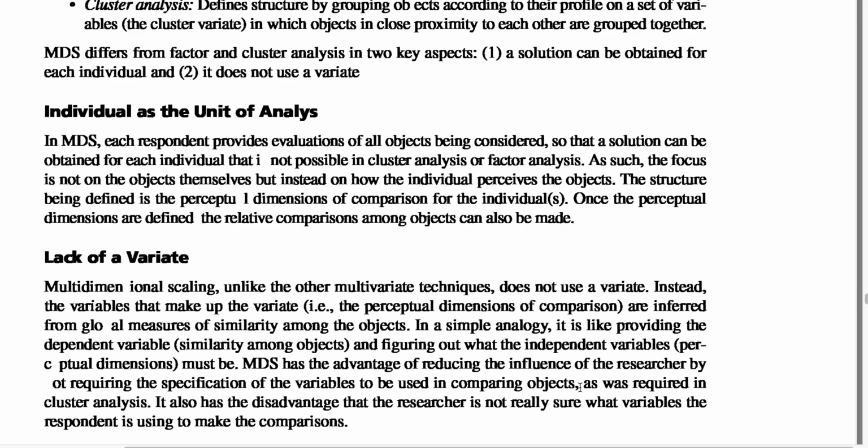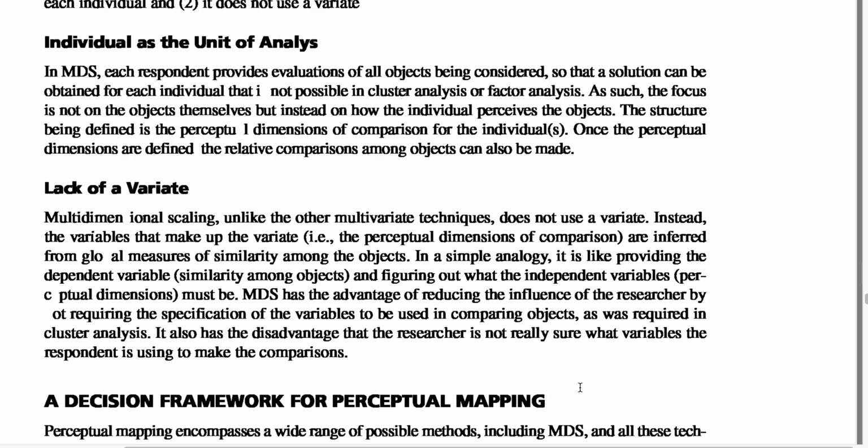That is not possible in cluster analysis or factor analysis. As such, the focus is not on the objects themselves but on how the individual perceives the objects. The structure being defined is the perceptual dimensions of comparison for the individual. Once the perceptual dimensions are defined, relative comparisons among the objects can also be made.